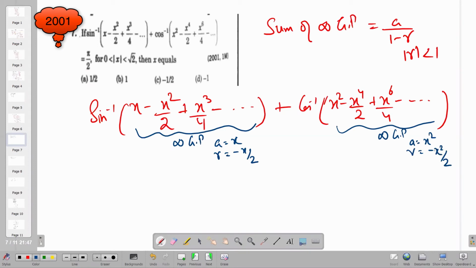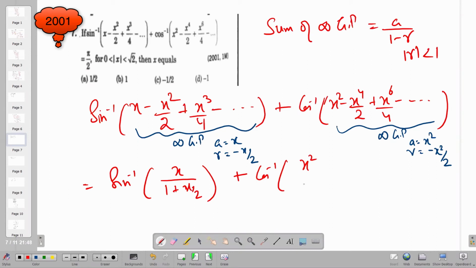Using the formula of sum of infinite GP, this comes out to be sine inverse of x upon 1 plus x by 2, and this is cos inverse of x square upon 1 plus x square by 2, and is equal to pi by 2, given to us.